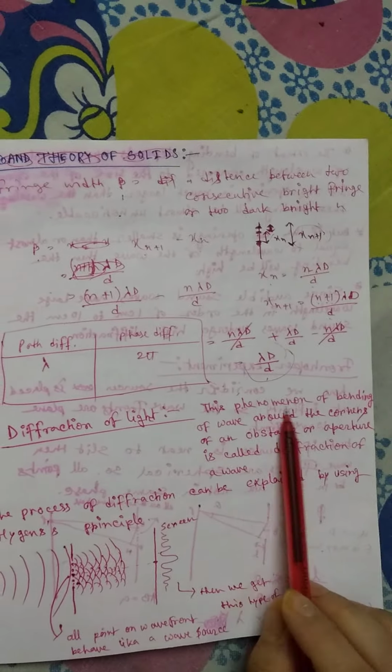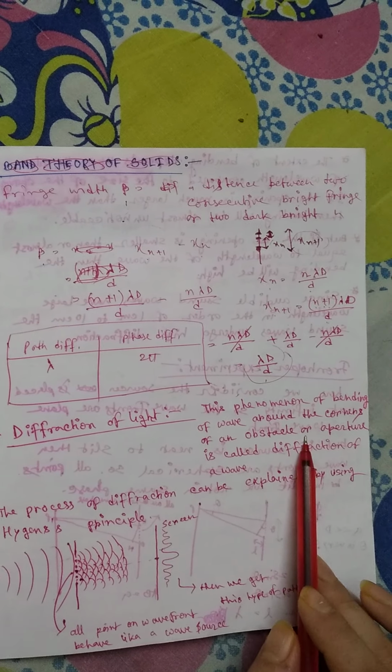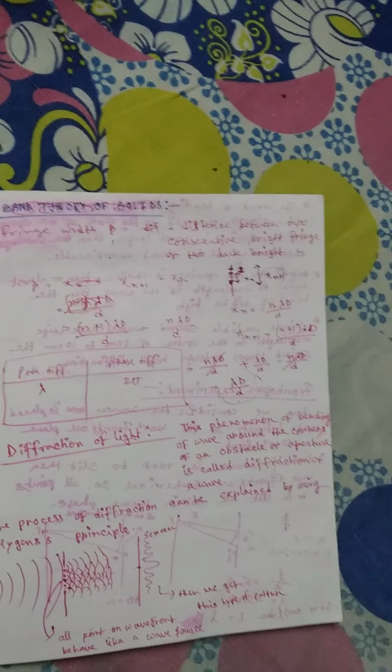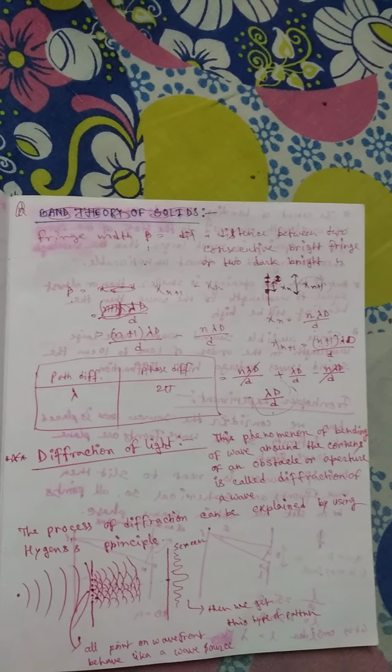Now I will discuss the diffraction phenomenon of light. This phenomenon of bending of a wave around the corners of an obstacle or aperture is called diffraction of a wave. In this chapter, we will discuss diffraction of light.